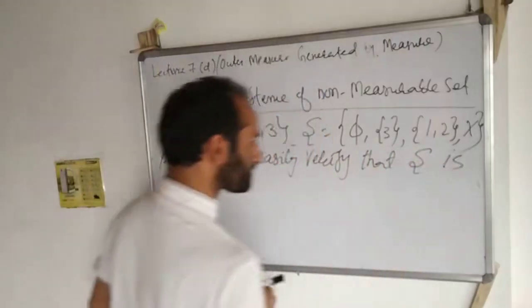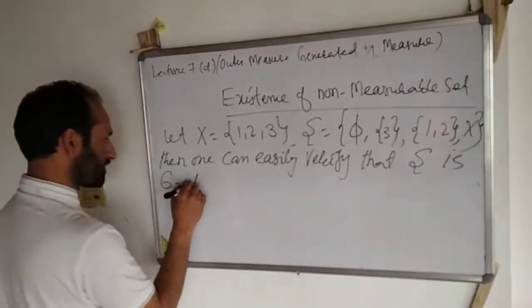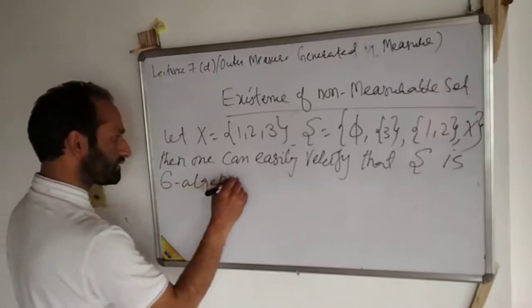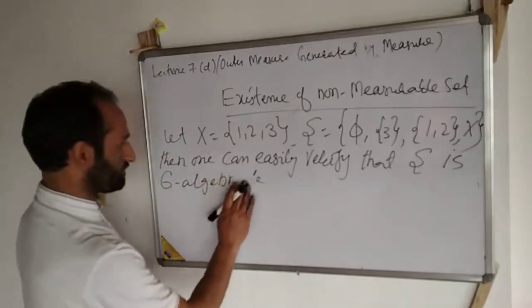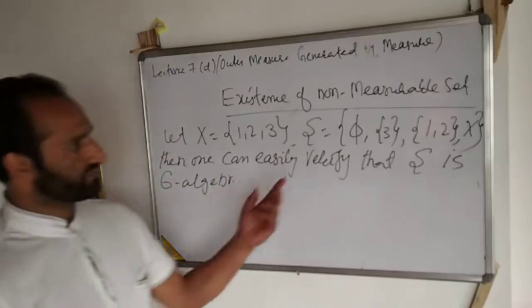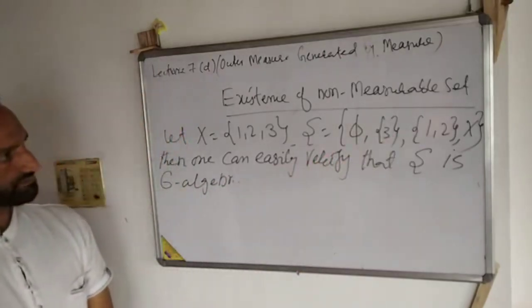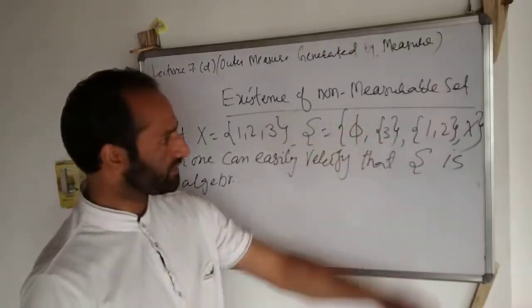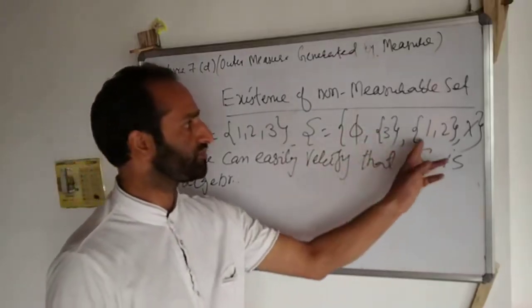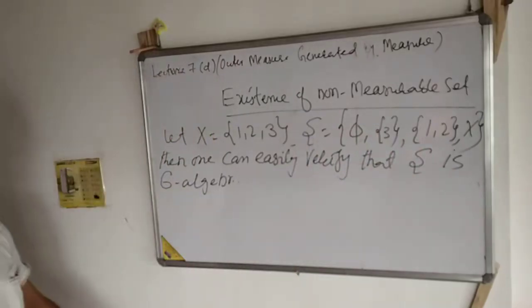A sigma algebra is closed with respect to union and complementation. That's there because the complement of {3} is {1, 2}, and the complement of {1, 2} is {3}. So it's a sigma algebra.